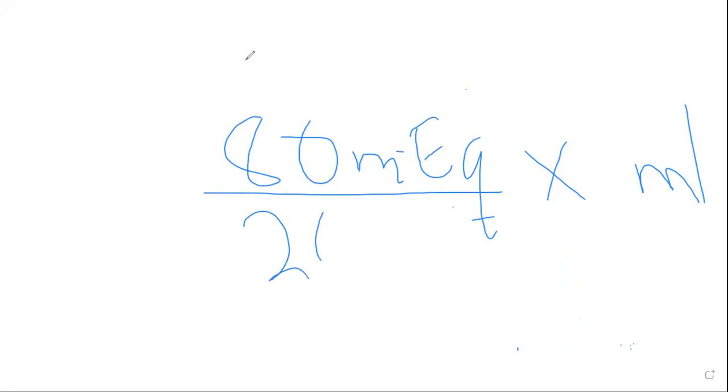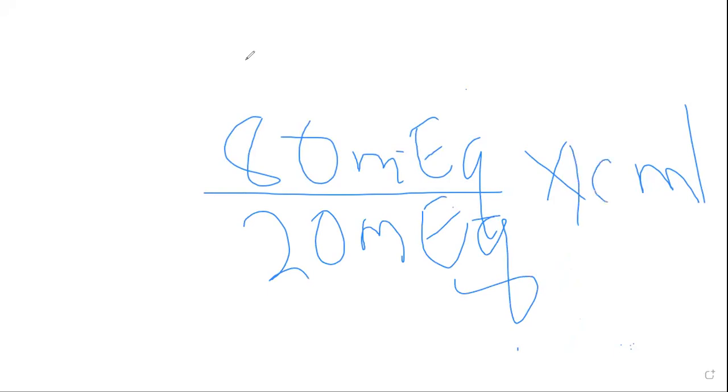We have 20 per 10 mL. So 80 divided by 20 times 10, and you should have gotten 40.